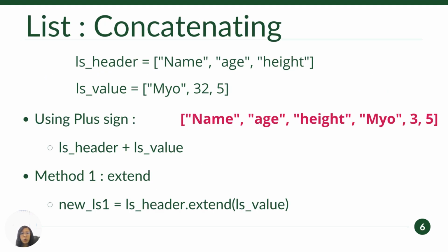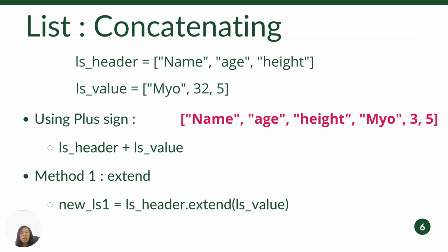Okay. So the same way, lists can be concatenated, all right, using the plus sign. But a list has two additional methods, which are extend and append. All right, there are differences between extend and append. You have to be careful. Extend performs the same way as plus.